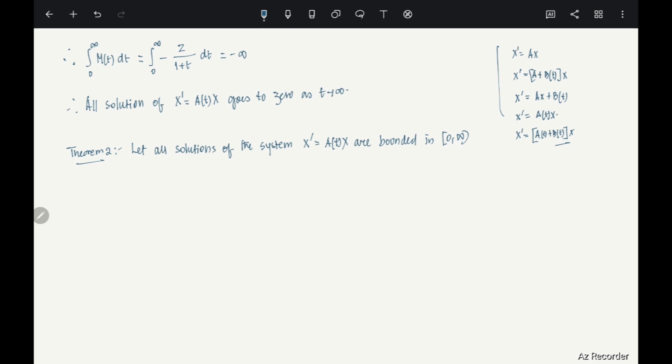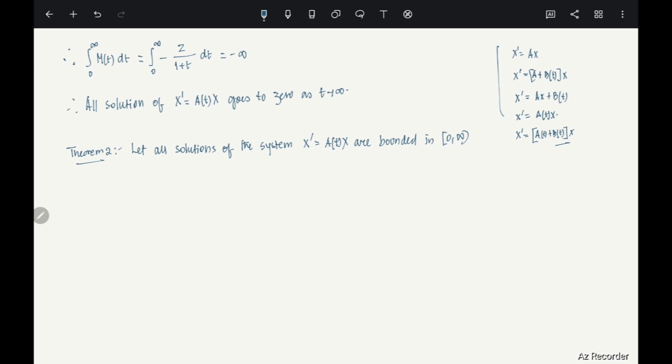In the first part we have seen when all solutions are bounded, when the integral of the norm of A(t) dt is finite. That's what we just looked at. So this is the assumption.